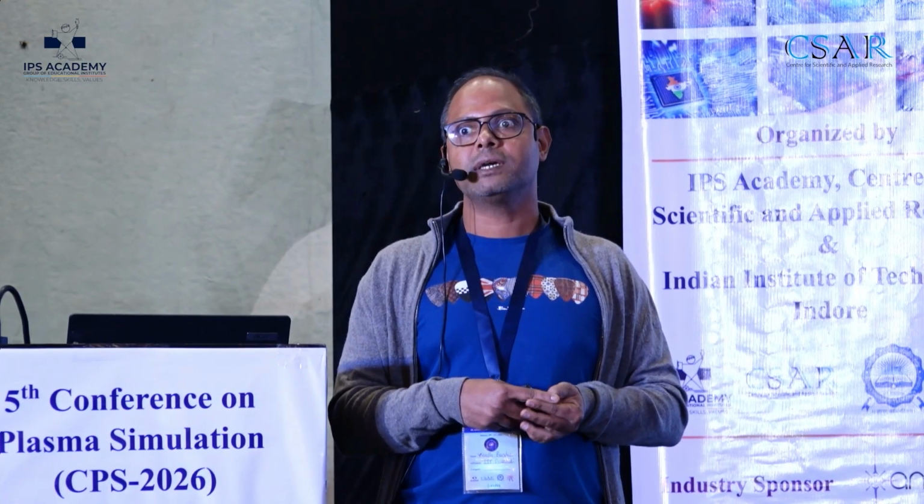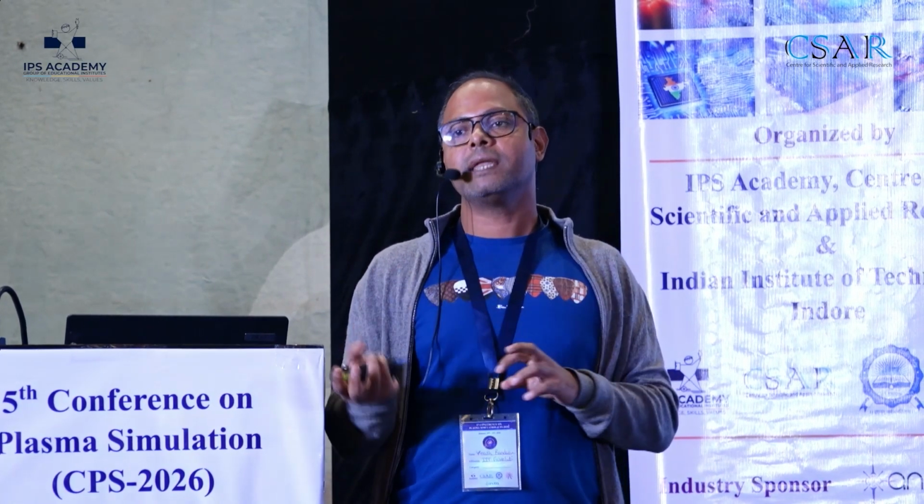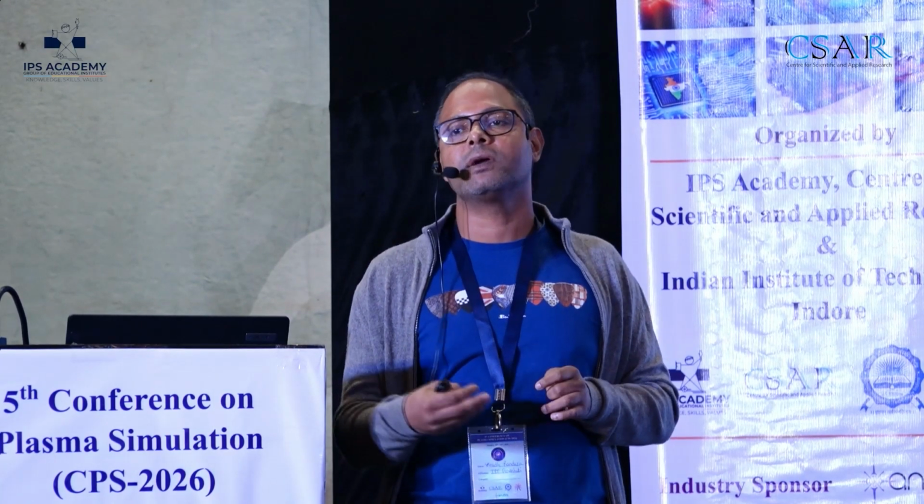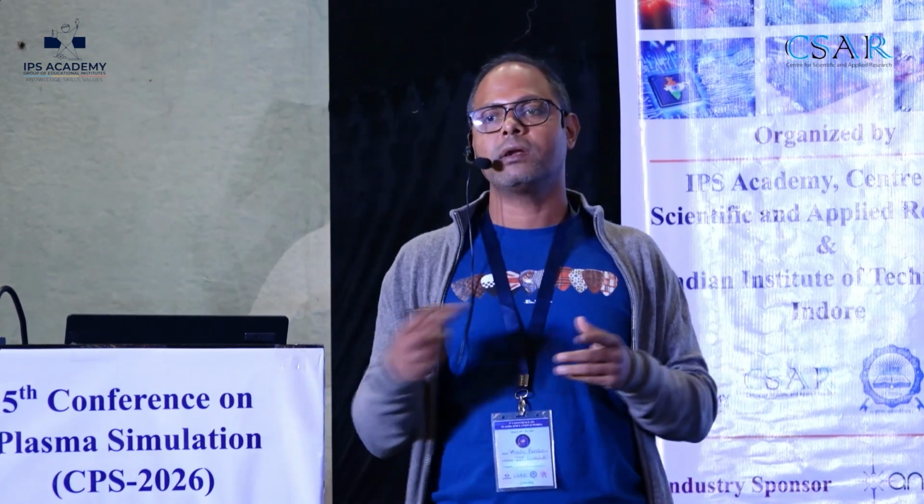We are not making any claims about what it cannot do. We are only evolving the density of the relativistic electrons, which is very much legitimate to do. We are not commenting about the momentum space distribution.